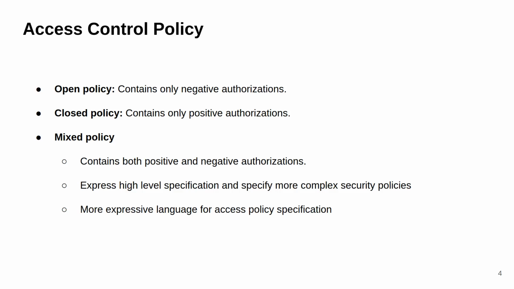This type of policies is used in most systems as it ensures the least privileged access principle. And finally, the mixed access control policy includes both positive and negative authorizations. This kind of mixed policy is often used to specify high-level specification of complex security policies.